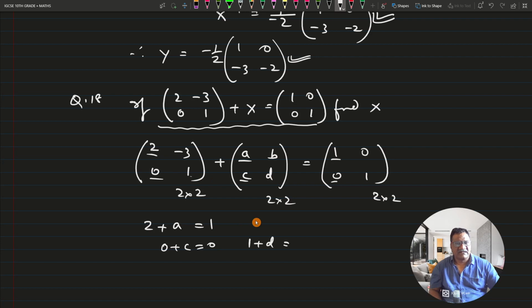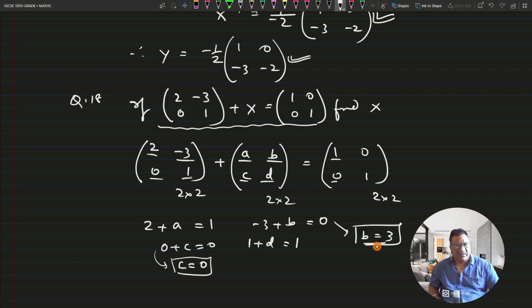And minus 3 plus B equal to 0. So from this, one thing is clear, that C will be equal to 0. From here, B is equal to 3. That is clear. Now A and D you want. From here you will get A is equal to 1 minus 2, that is minus 1.